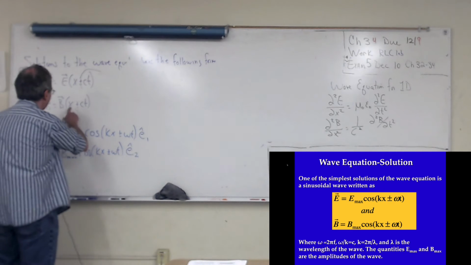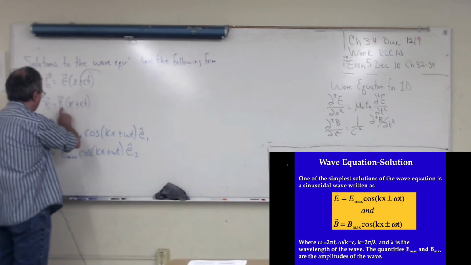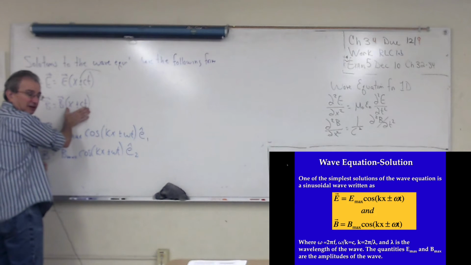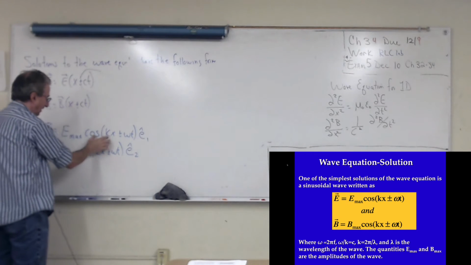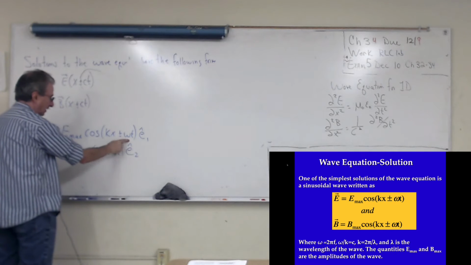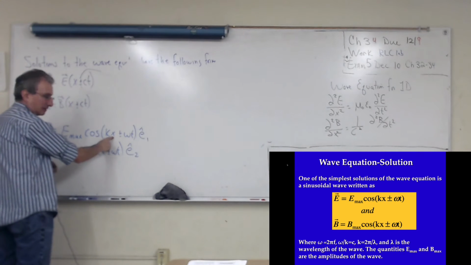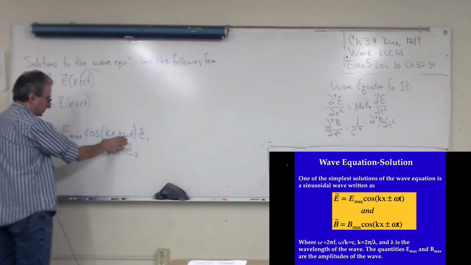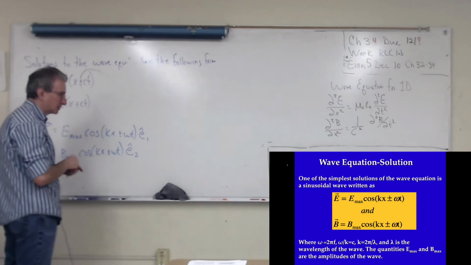Well, I have some function of distance, right? Oh yeah, there's a cosine. And then here this is dimensionless because this is 2 pi over lambda, right? It's 1 over distance times distance. And in fact, you have to do that with trig functions. The argument in a trig function has to be dimensionless.